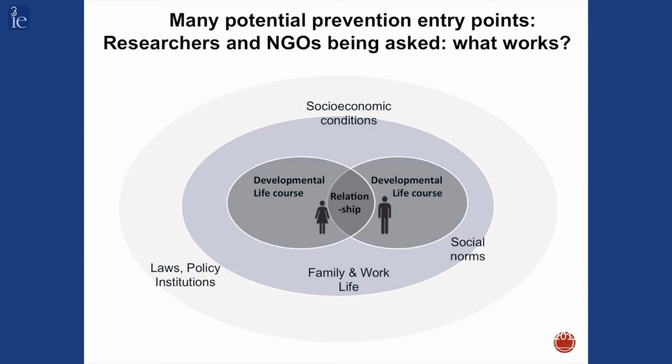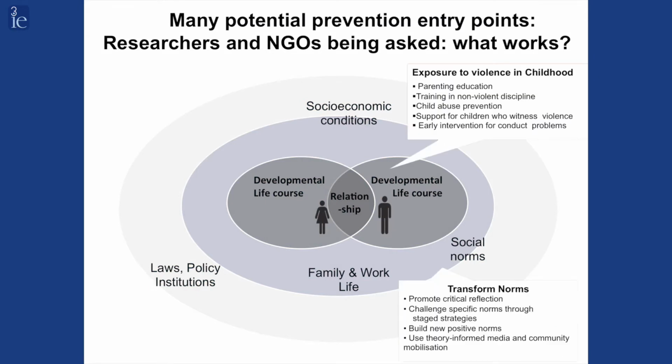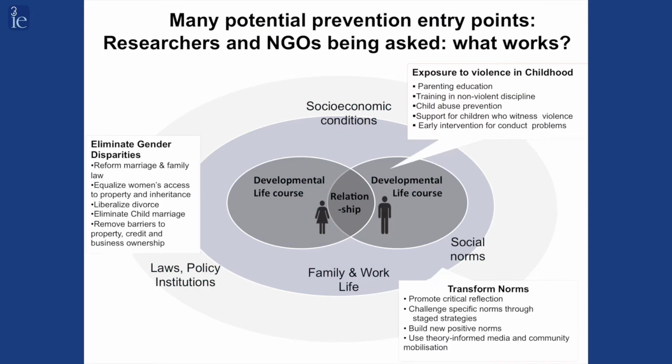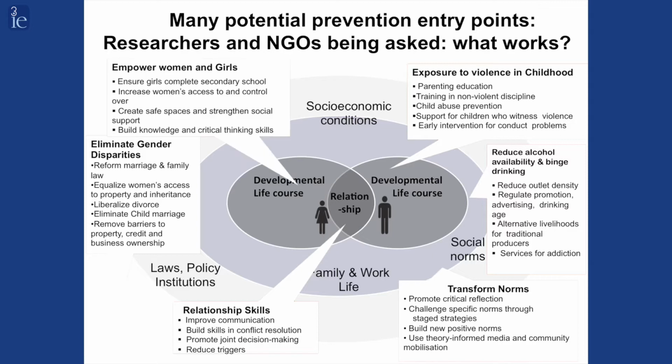There are factors linked to the man's history, to the woman's history, to the context in which they're living, both in terms of their family and their community, and also the broader contextual environment.